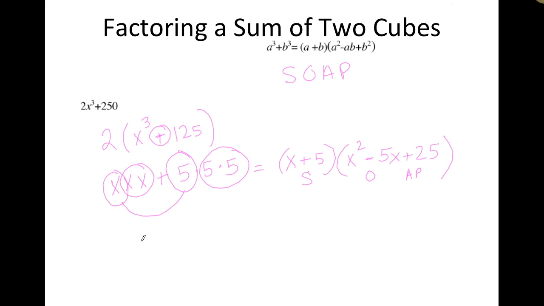Let me show you how we can use this same method to help us remember the formula for a difference of two cubes. A cubed minus b cubed. That is a times a times a minus b times b times b. Circle the first ones.